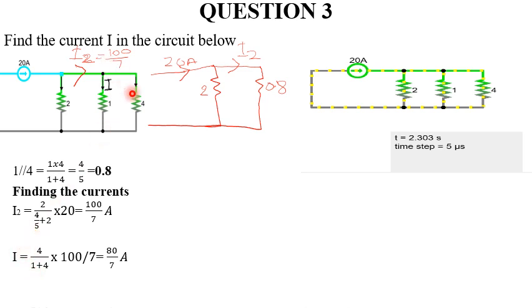Since we are finding the current through this, we take the opposite, which is 4, all over the sum of the resistors, 1 plus 4, times our total current, which we just found, 100 over 7, which gives us 80 over 7. And we realize that the 80 over 7, when we convert it into decimal, is the same as what we got here.